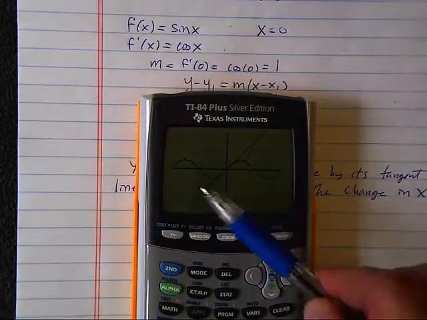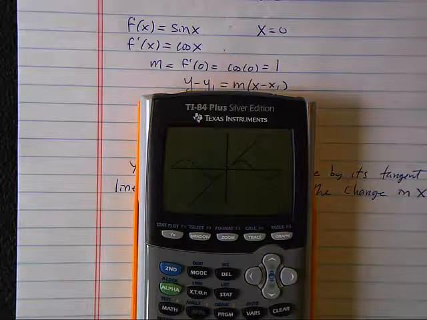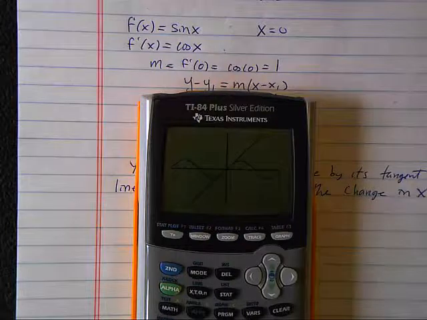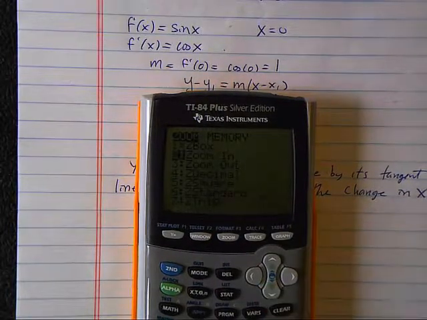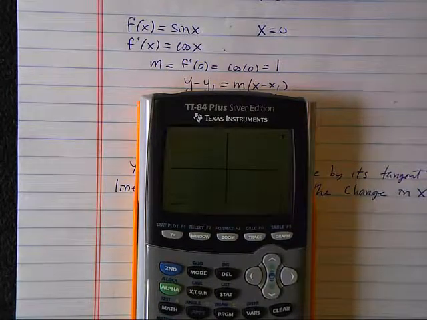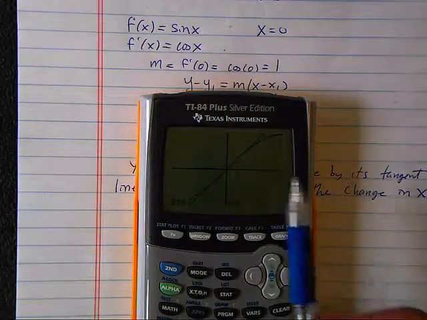So when is the tangent line a good estimation for this curve? Where the tangent line is, and real close to that tangent line. It looked very, very good when I zoomed in, correct? Right, but again, not perfect.